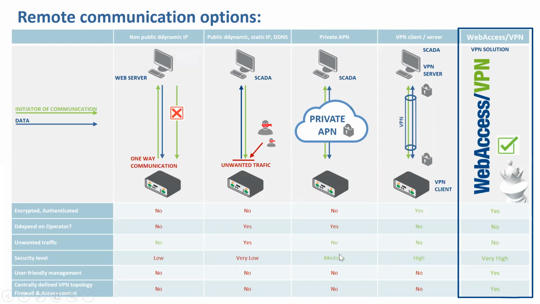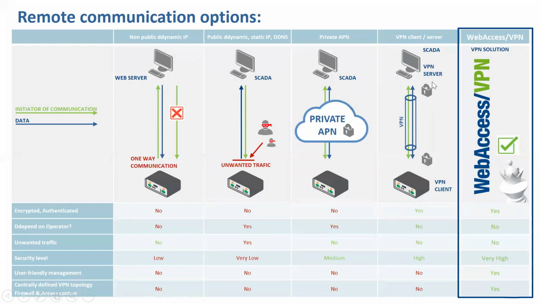They're tied to the carrier, all right? Frankly, it's not particularly easy to use. The data is not really encrypted or authenticated. It's just on the private APN, so there's vulnerability there. And again, they're tied to a specific carrier.